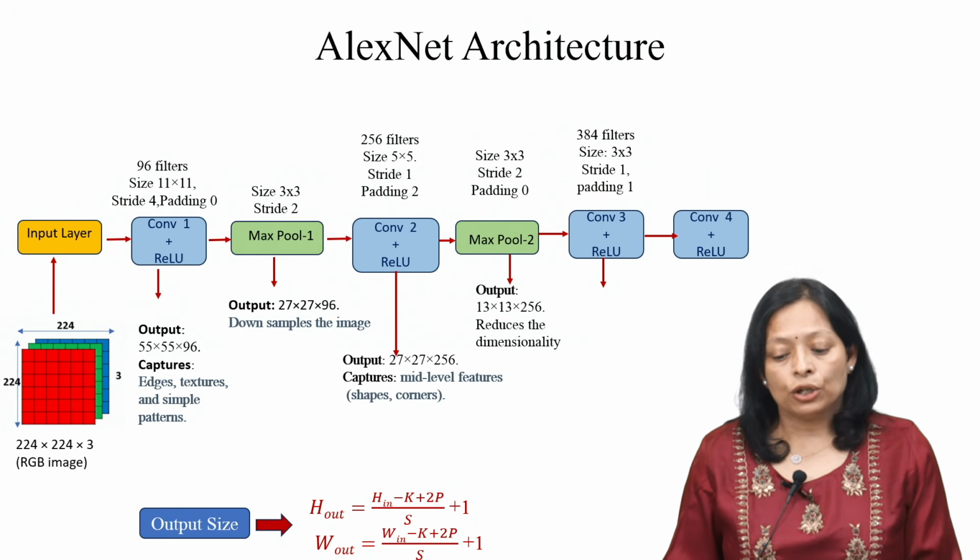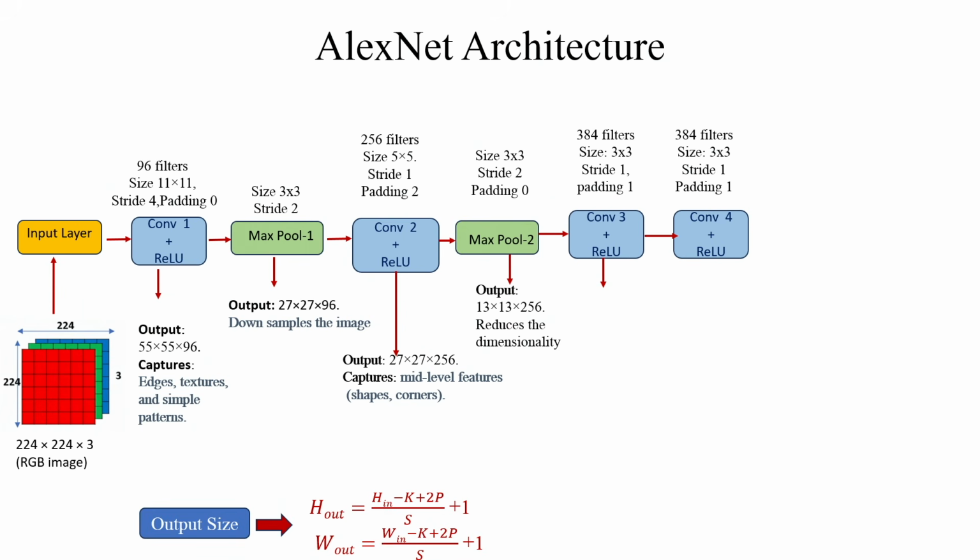Conv3 and conv4 are exactly the same: convolution layers 3 and 4 have the same parameters, 384 filters of size 3 cross 3, stride 1 and padding 1. Both of these give the output feature map size as 13 cross 13 cross 384. 13 cross 13 comes from the maxpool2 output spatial dimension, and 384 comes from the number of filters.